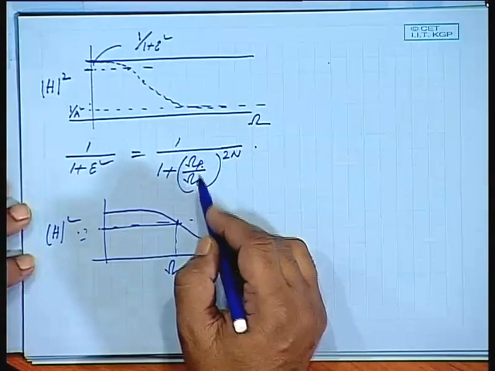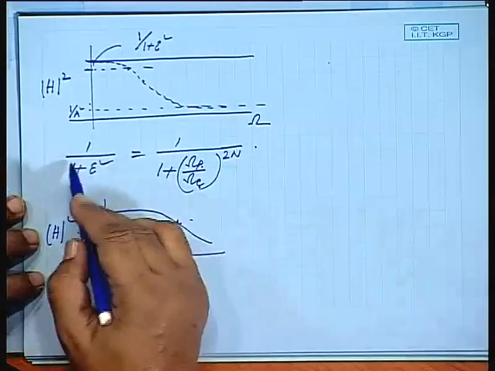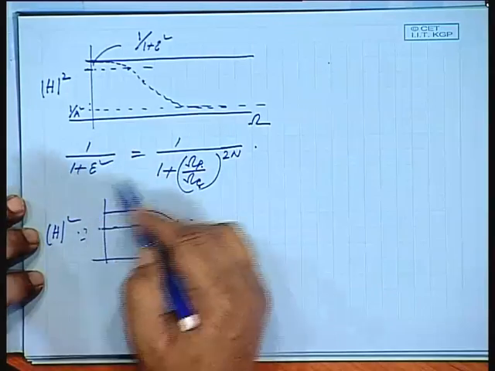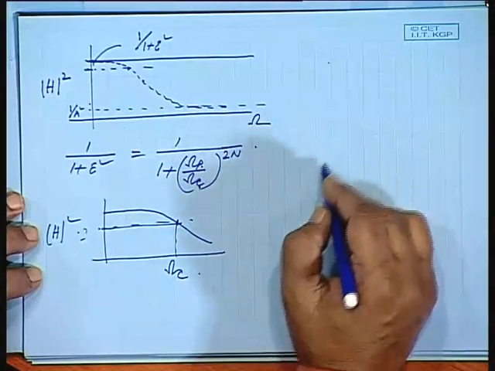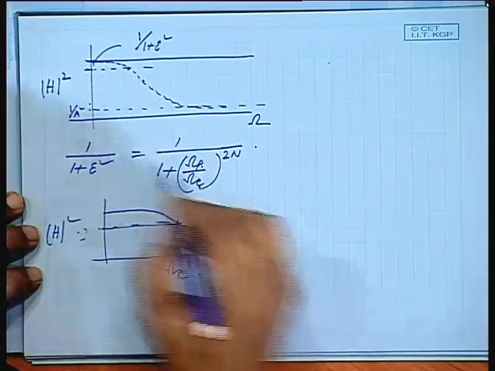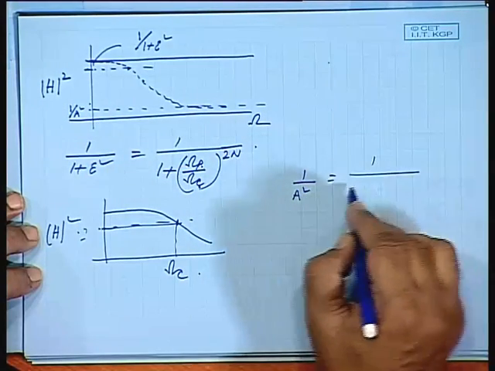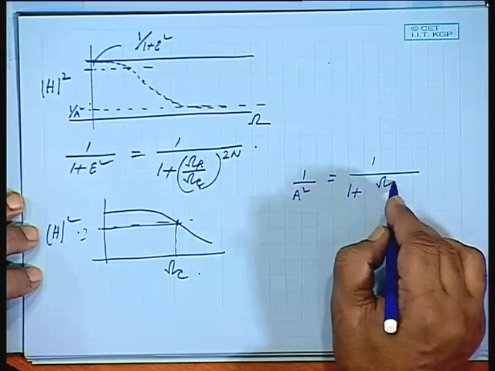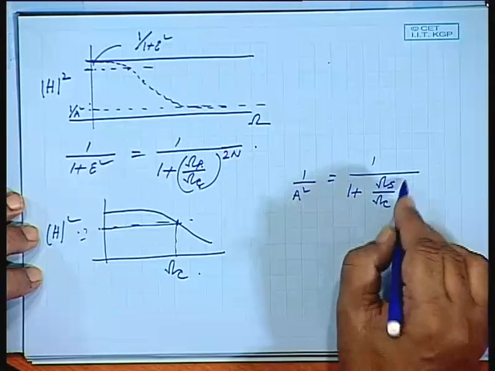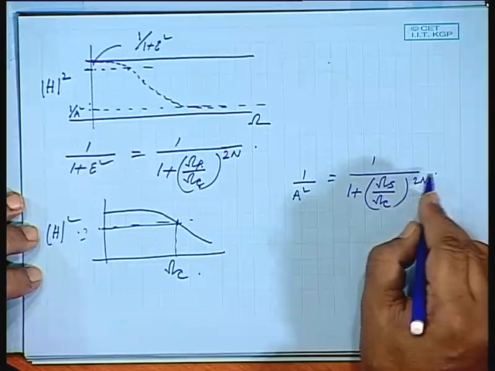Omega c is not given, omega p is given. So this will be the relationship. Similarly, in the stop band I specify 1 by A squared. So 1 by A squared is equal to 1 by 1 plus omega s by omega c to the power 2n.